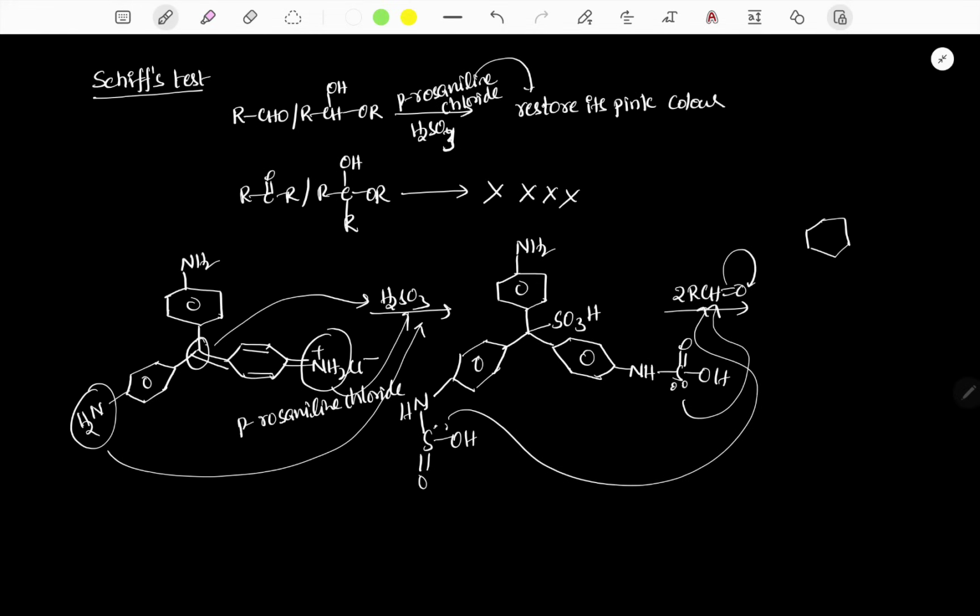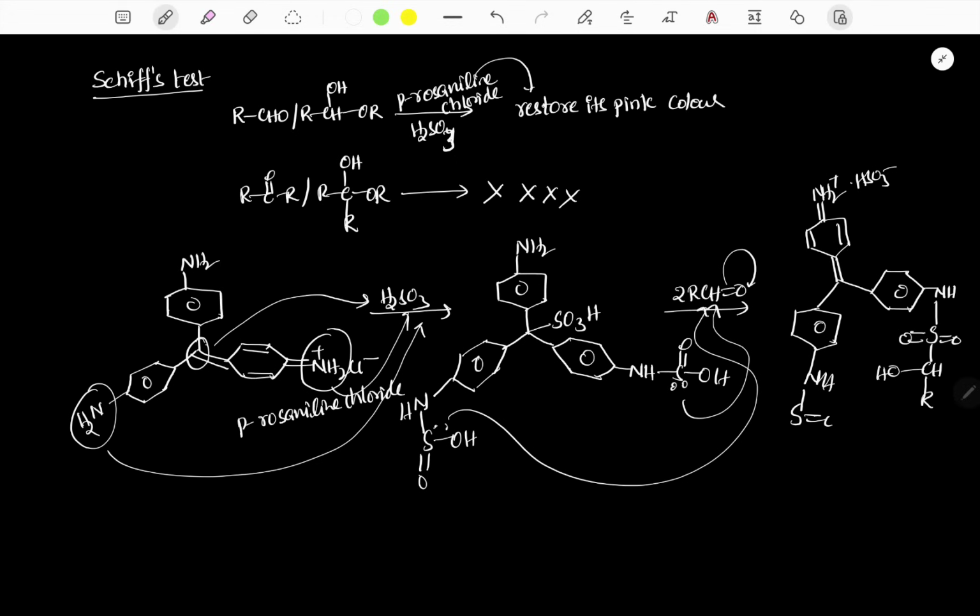Therefore, the final structure has a double bond, NH2 plus HSO3 minus, double bond, and here the corresponding aniline NH, S double bond O, CHOH, R, and the aniline part, NH, S double bond O, CHOH, R.